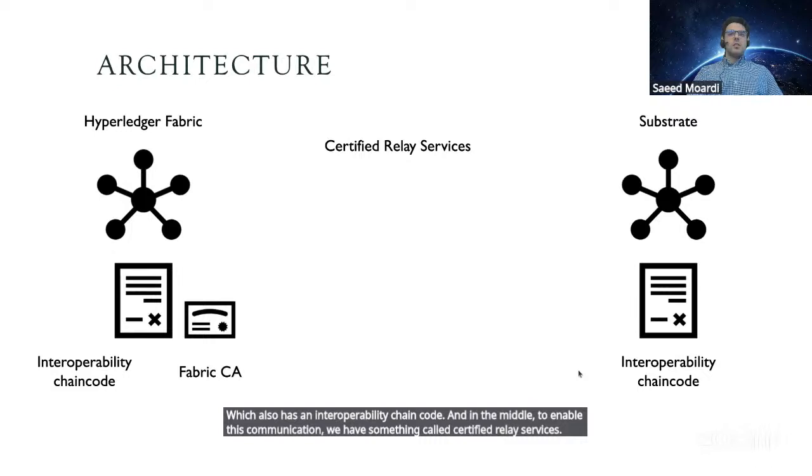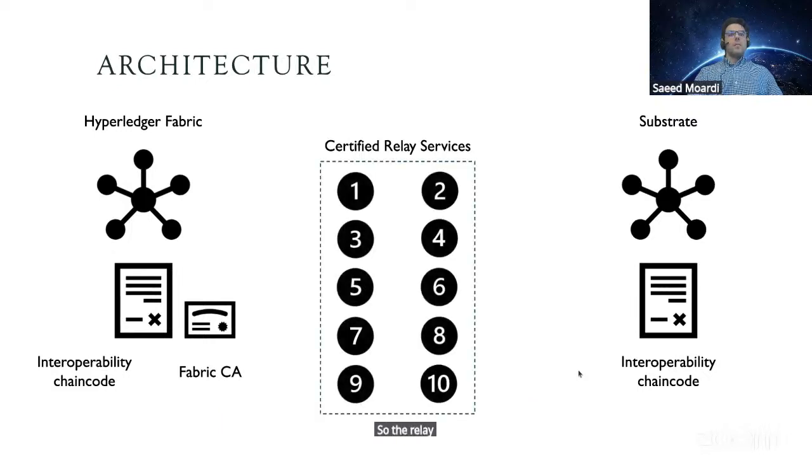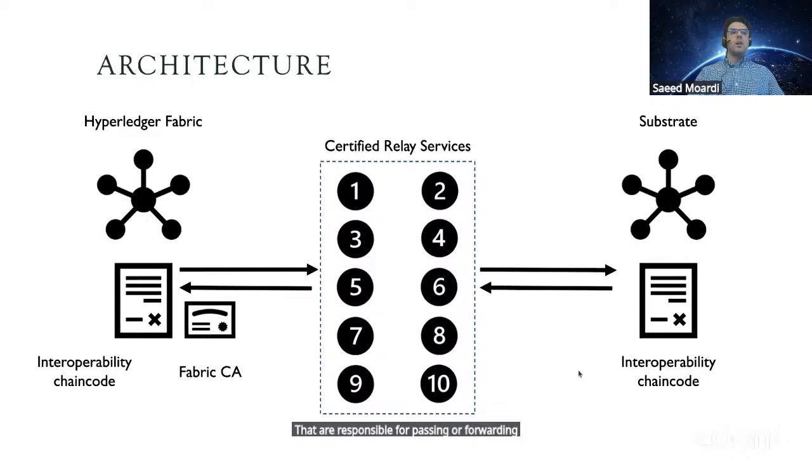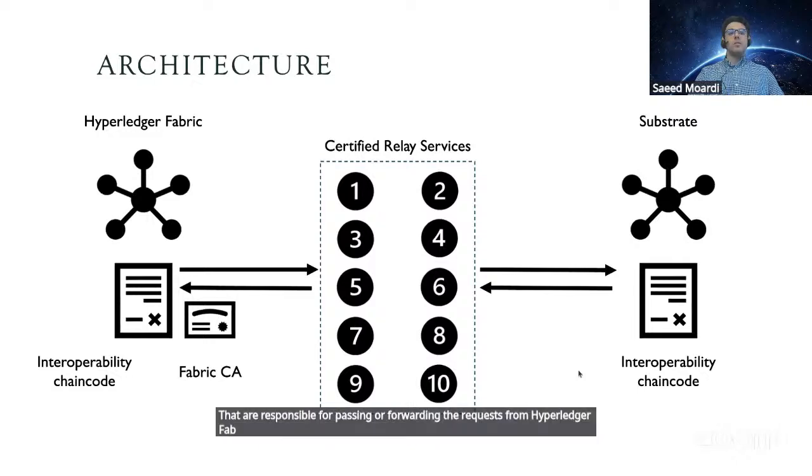The relay service is comprised of at least 10 servers, or relay services, that are responsible for passing or forwarding the requests from Hyperledger Fabric to Substrate or vice versa.